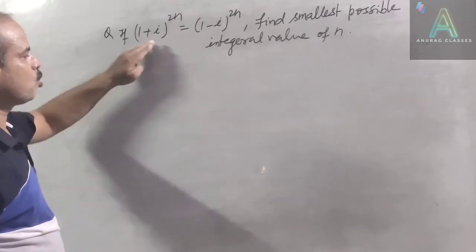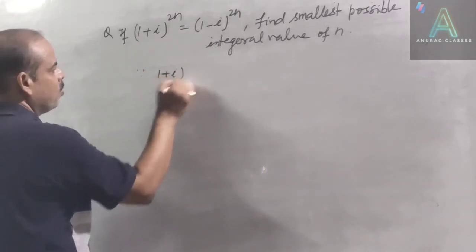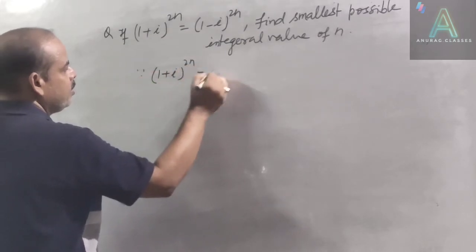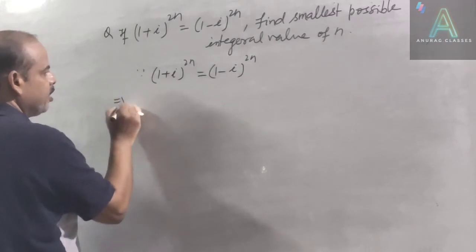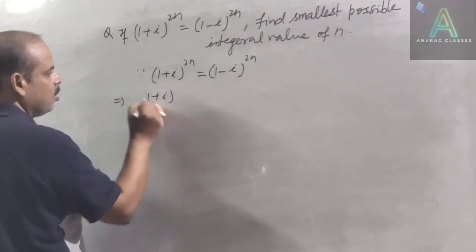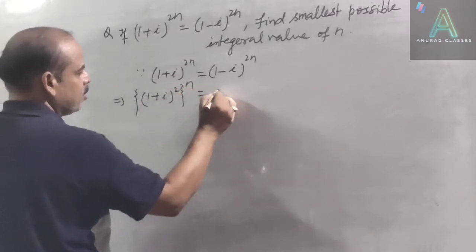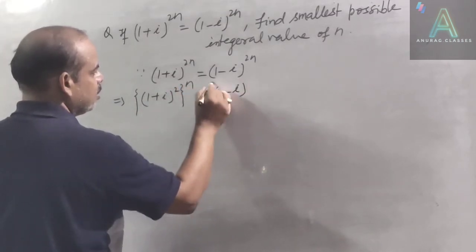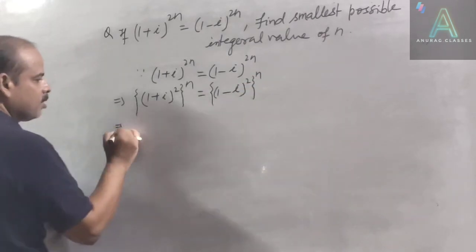So let us try to solve this one. Since 1 plus iota whole to the power 2n is equal to 1 minus iota whole to the power 2n, it can be written as 1 plus iota whole square whole to the power n and 1 minus iota whole square whole to the power n.